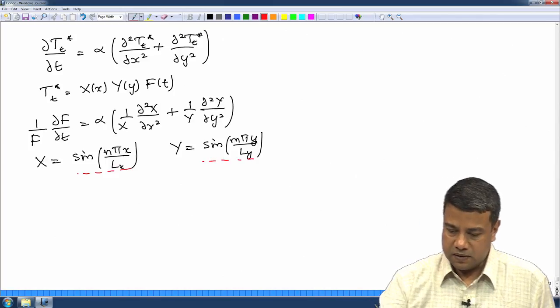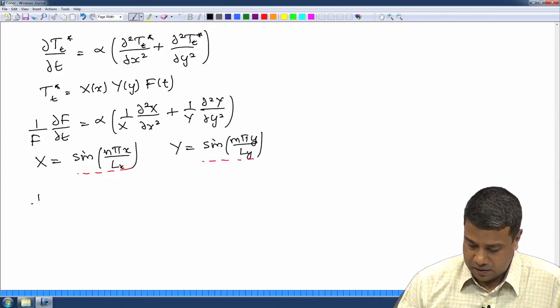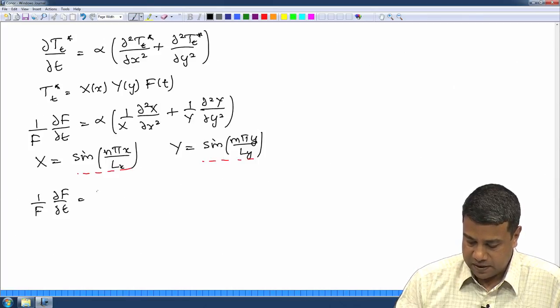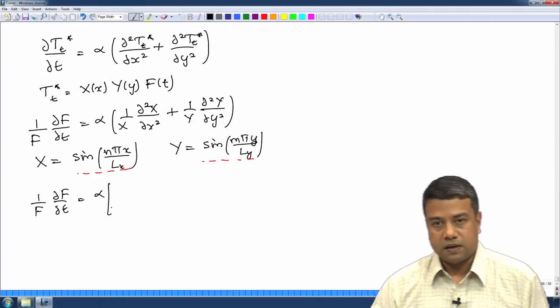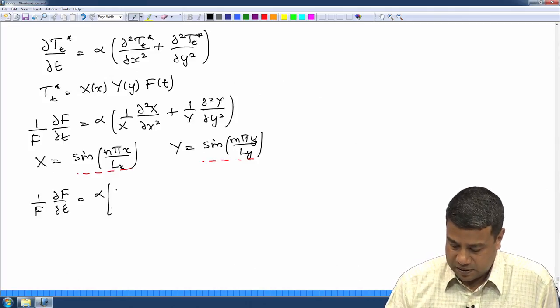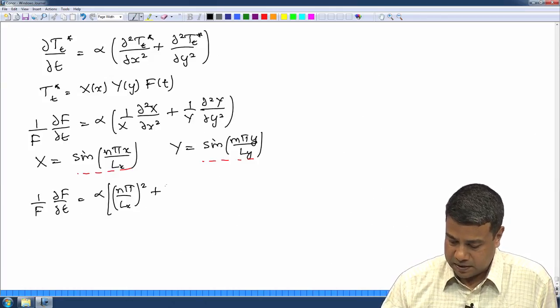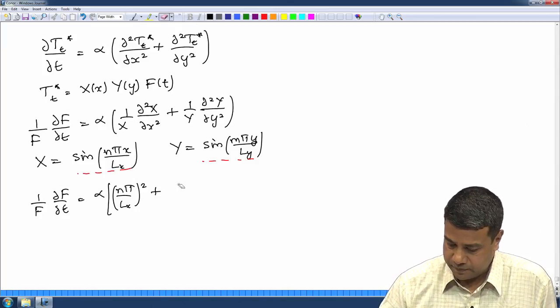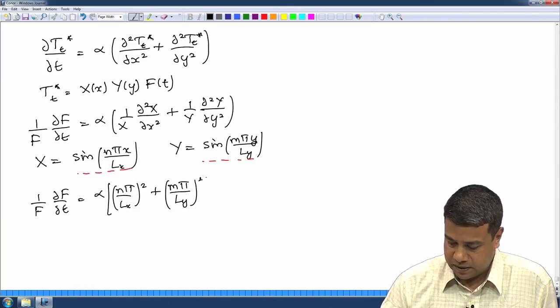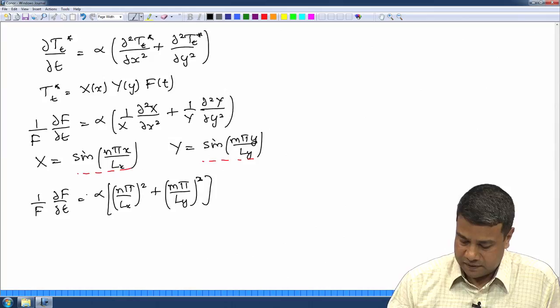And once you put that in, you will get 1 by f partial f by partial t is equal to alpha, the thermal diffusivity, times n pi by Lx the whole square plus m pi by Ly the whole square, with a negative sign here.